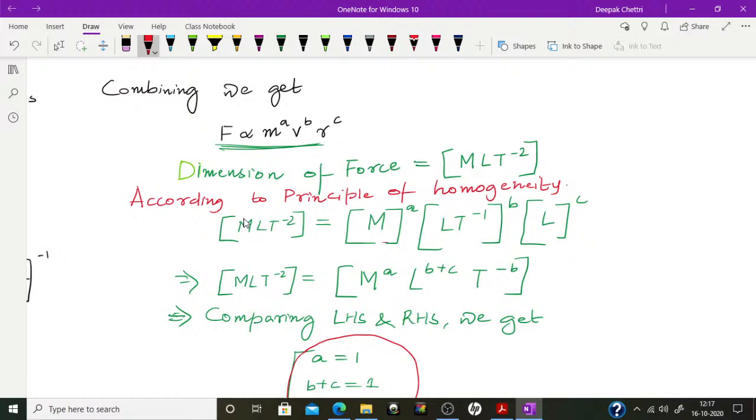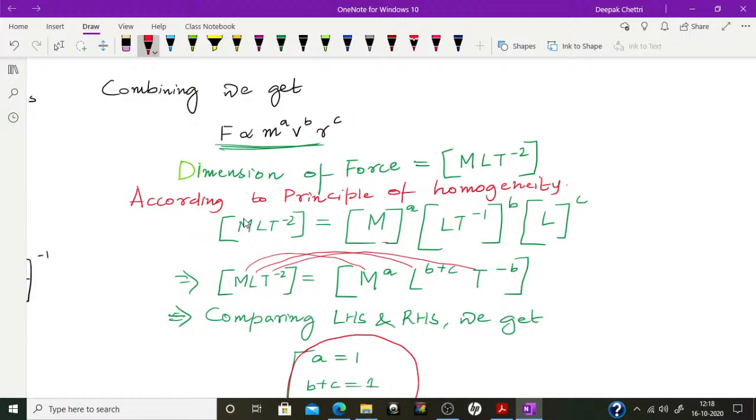You cannot carry the power from L and give it to m. They must have individual powers and they must be equal. That's why the power of m here must be equal to the power of m here, the power of L here must be equal to the power of L here, and the power of t here must be equal to the power of t here.